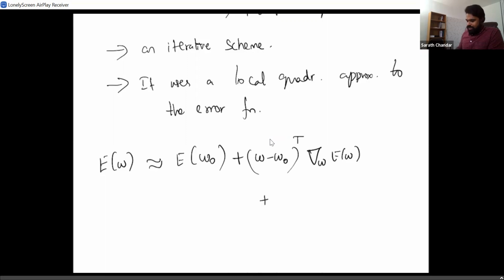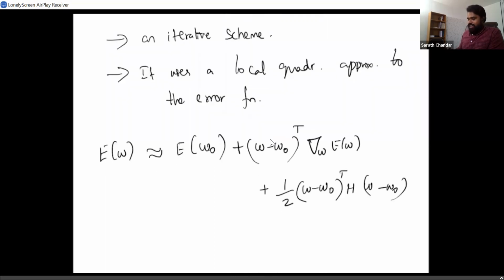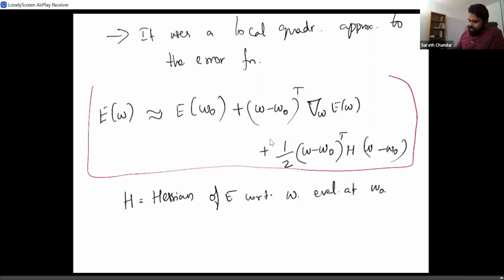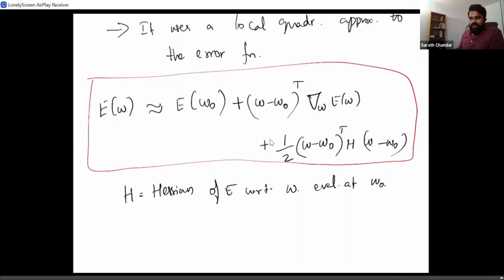Plus 1 over 2 W minus W0 transpose H W minus W0, where H is the second order gradient, the Hessian of E with respect to W, evaluated at W0. Is that clear? Now we are going to approximate the error function using this second order Taylor series expansion.